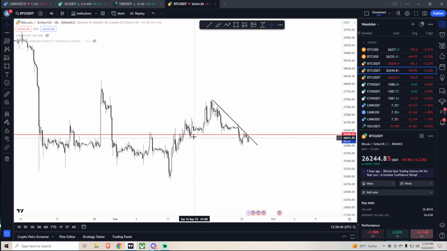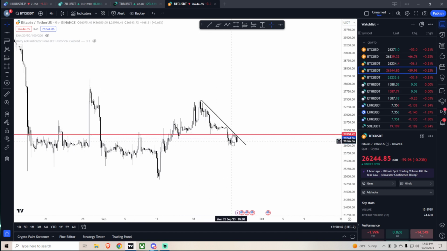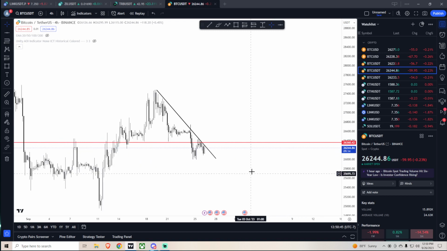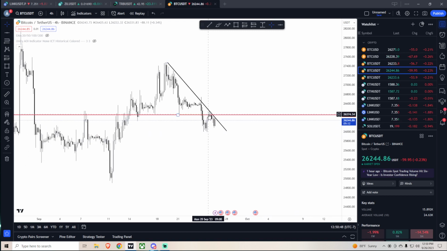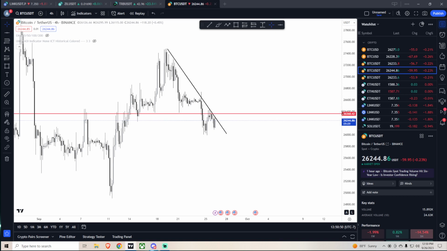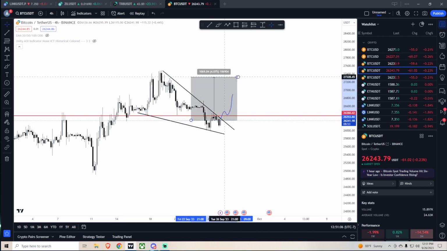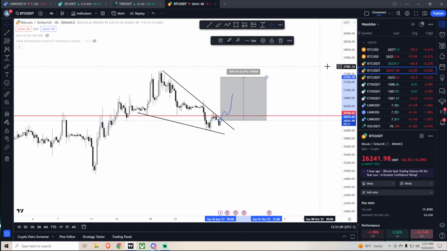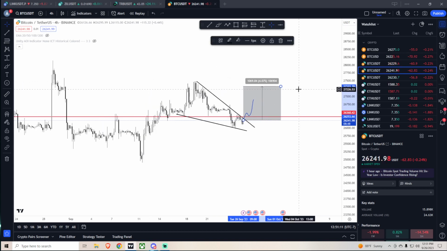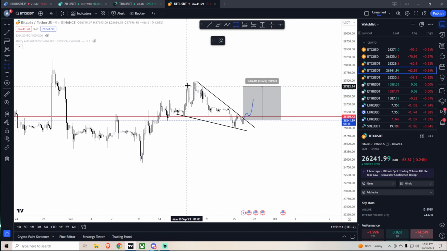Resistance, resistance, flip to support. Rejected, candles close below. It doesn't matter how high we wick, it's where the candles close. It's clear resistance there. So yes, we do need this to flip into support to go higher. And I can see technical targets would be 27,400-ish, which would actually lead us into an order block.